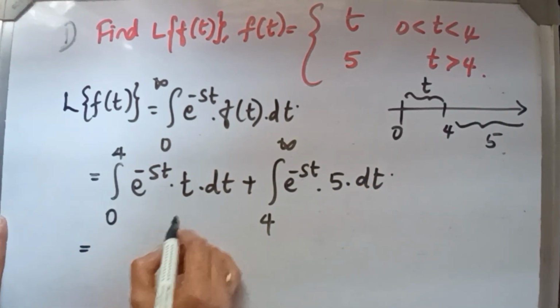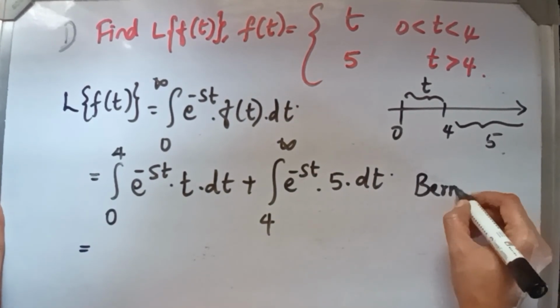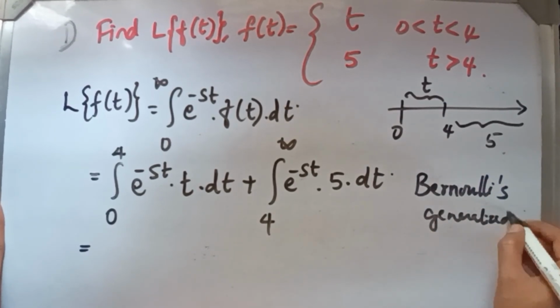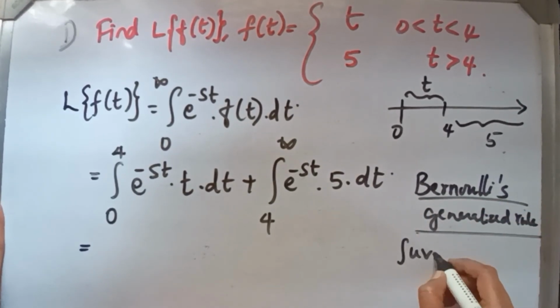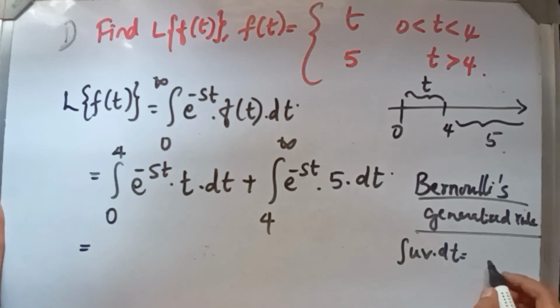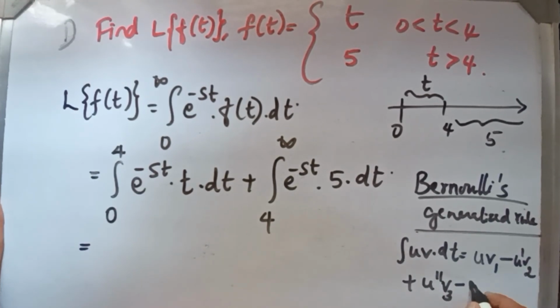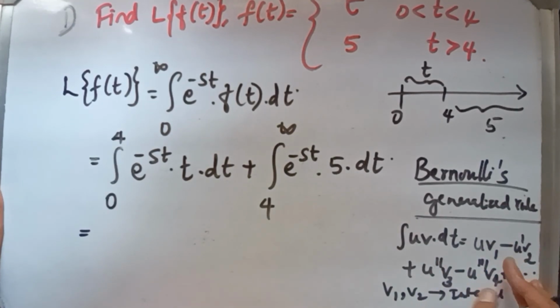So this is equal to integration by parts. Integration by parts can be solved using Bernoulli's generalized rule for integration by parts. That is, if you have integral of uv with respect to t, then u into v1 minus u dash into v2 plus u double dash into v3 minus u triple dash into v4 plus so on, where all these v1, v2 are integrals and u dash, u double dash are derivatives.